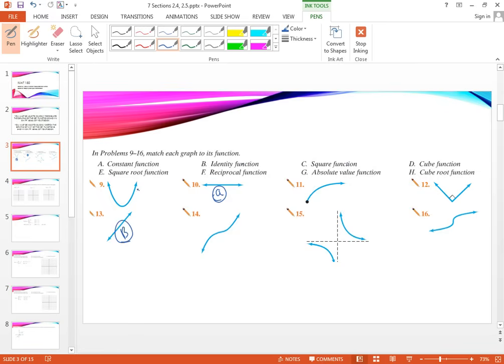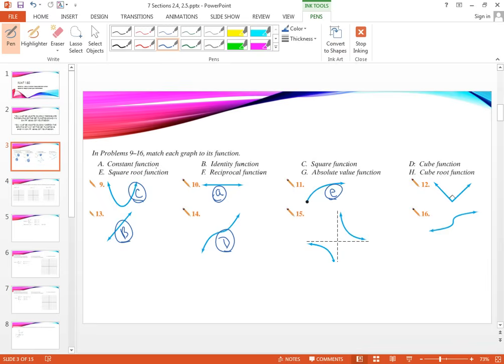Square function, that's our good old quadratic. Cube function is the one that looks like an S that's stretched up and down. Square root function looks like half of a quadratic that's turned on its side.